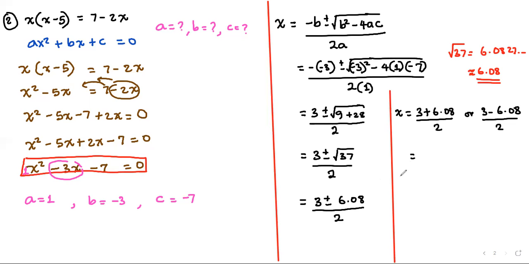Now, when we go ahead, we see that 3 plus 6.08 will give us 9.08, and we divide it by 2. Or 3 minus 6.08 will give us minus 3.08, and we also divide it by 2. Now, on your calculator, get 9.08 divided by 2.